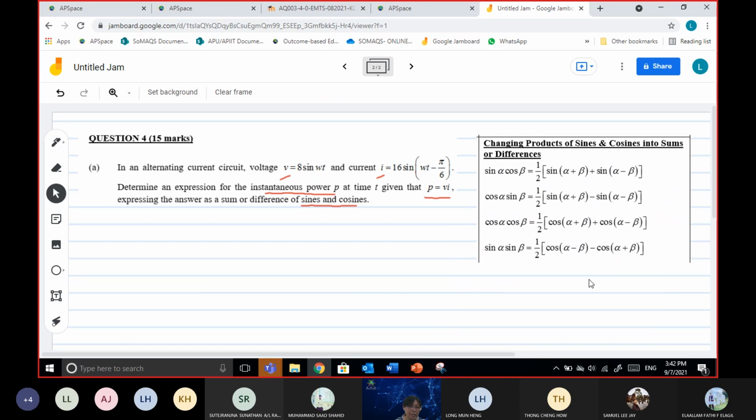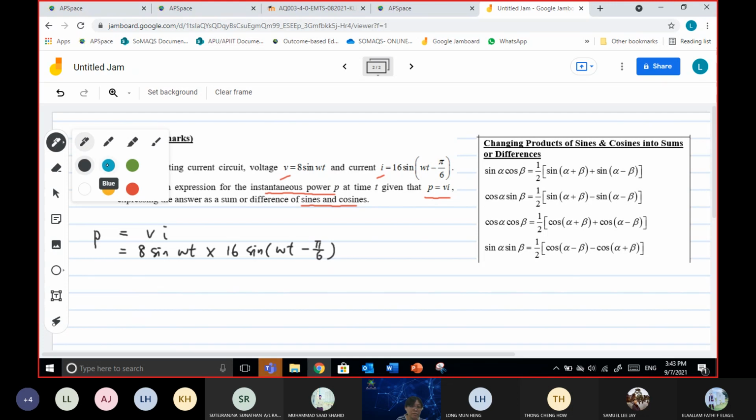Then come to the first. You need to find P, given as VI. So V is 8 sine wt, multiplied with 16 sine (wt minus pi over 6). So this is the multiplication, right?